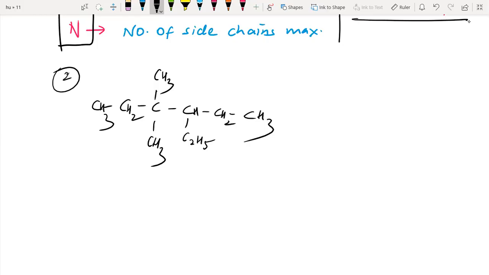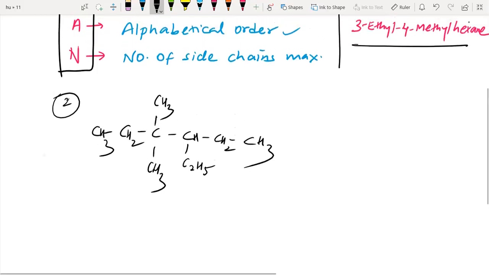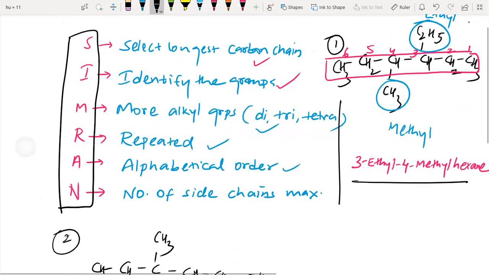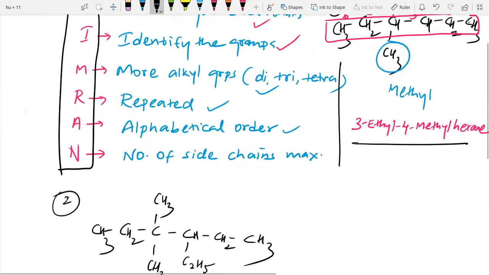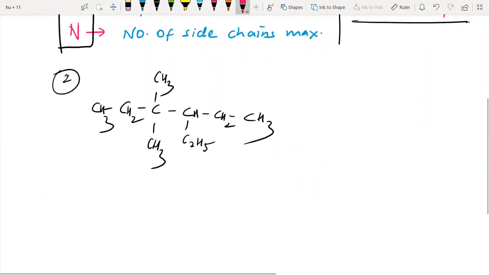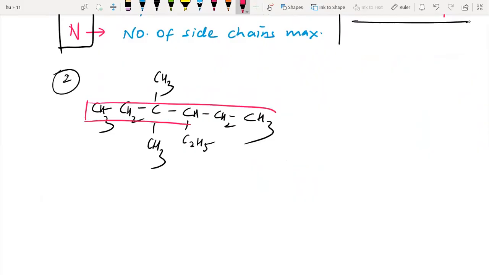So the very first rule you are going to see here is select the longest carbon chain. So first we'll do that. The longest carbon chain is this. Next, identify the groups.